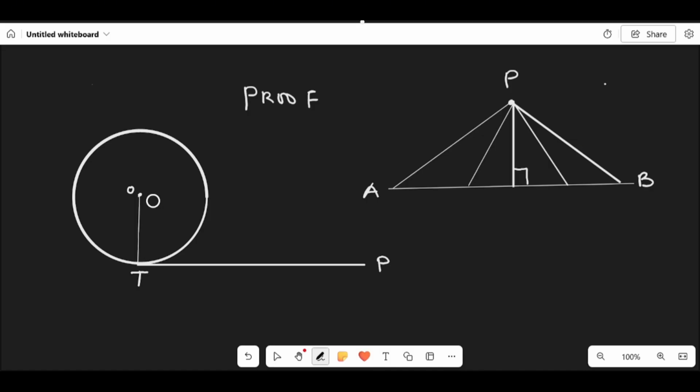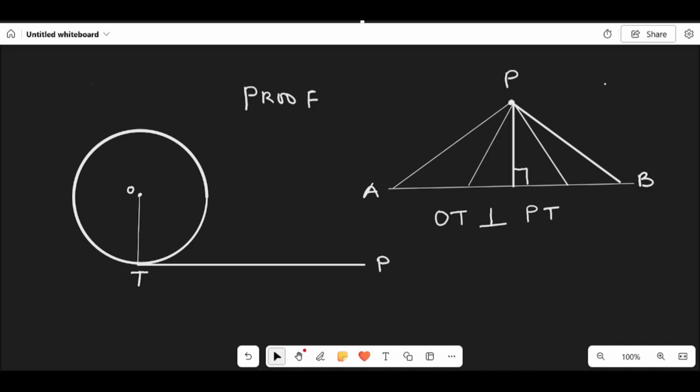A circle with center O with tangent PT at point of contact T is given to us, and we want to prove that OT is perpendicular to PT.